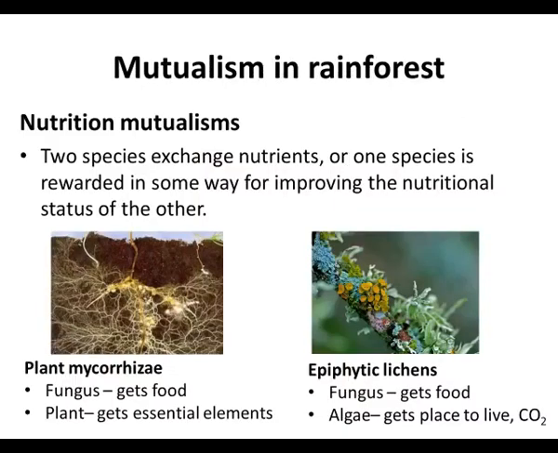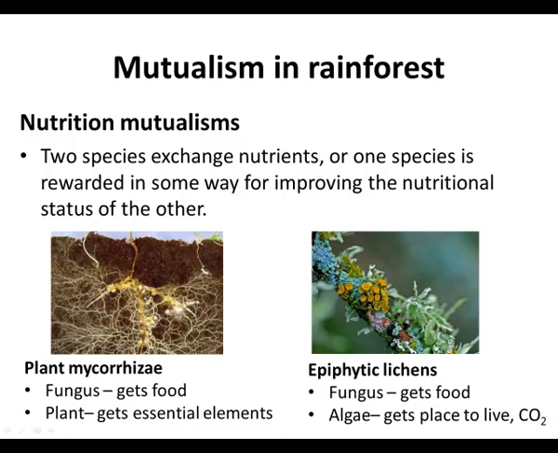And also, some mutualistic interactions are based on nutritional exchanges, and we call that nutrition mutualism. So, two species may exchange nutrients, or one species may reward another species for providing nutritional benefits. One example would be plant mycorrhizae. This is an association between plant roots and fungi, and this is a very common association in rainforests.